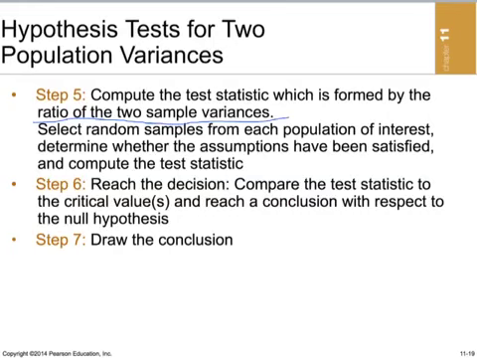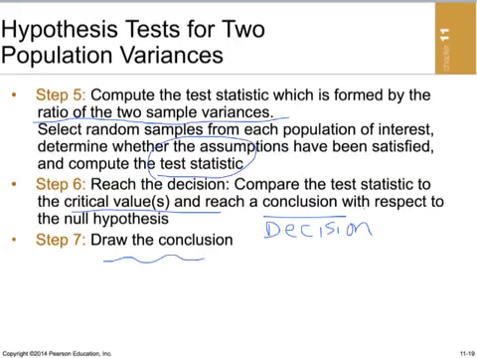Determine whether the assumptions have been satisfied and compute the test statistic, remembering to put the largest sample variance in the numerator. Reach the decision: compare the test statistic to the critical values, which we've already found, and reach a decision with respect to the null hypothesis. It says conclusion, but that should be a decision.